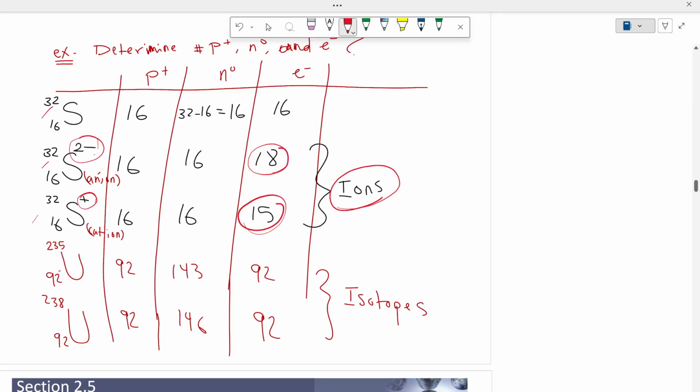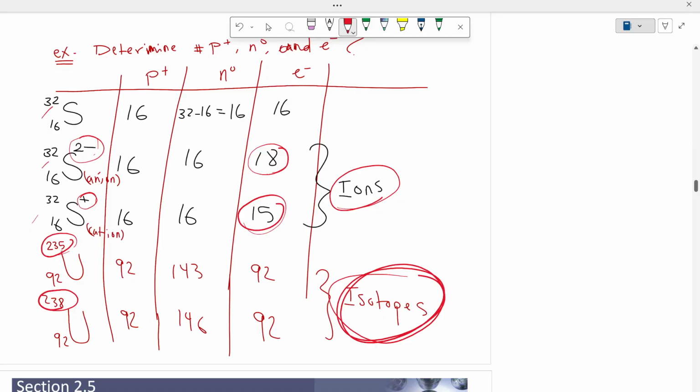Now, uranium 92-235 and uranium 92-238. As you can see here, these two atoms are similar in everything except the mass number. So what do we call them? These atoms are called isotopes. This is why we call them isotopes. 92 means 92 protons.